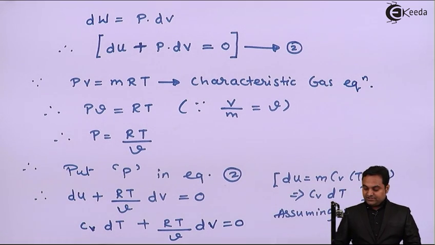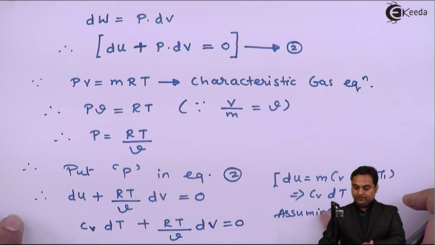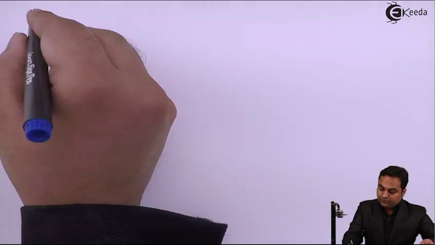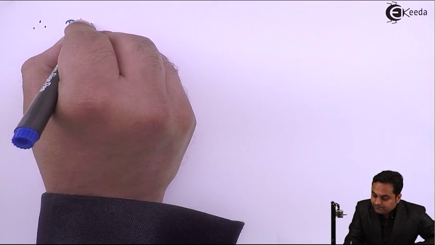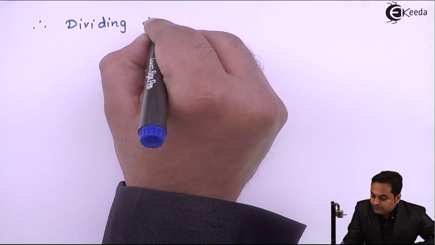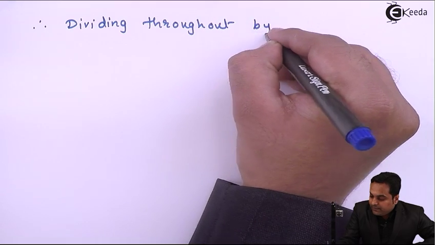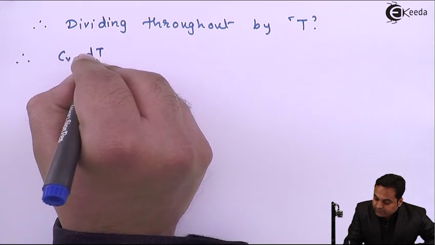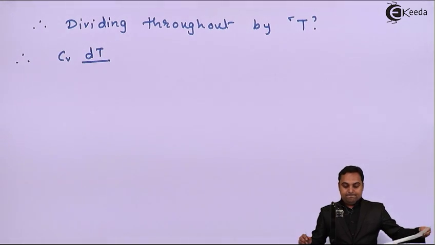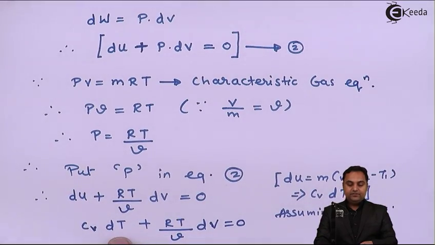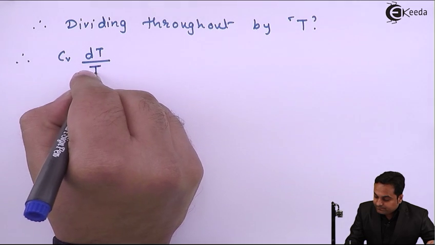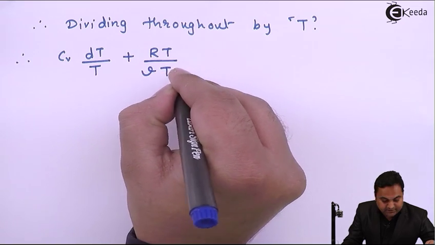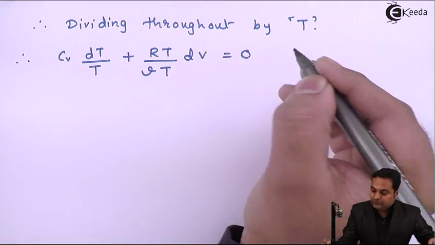Next, after reaching this stage, I will be dividing throughout by capital T, the temperature. So I will have the relation Cv dT divided by T plus RT upon v into dv, divided by T, is equal to 0.